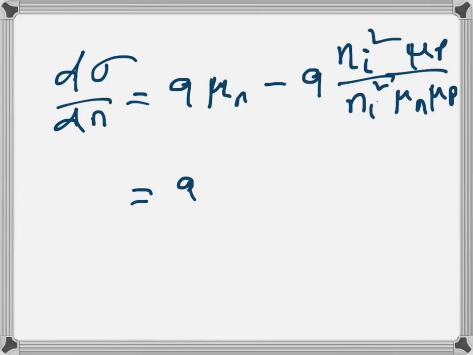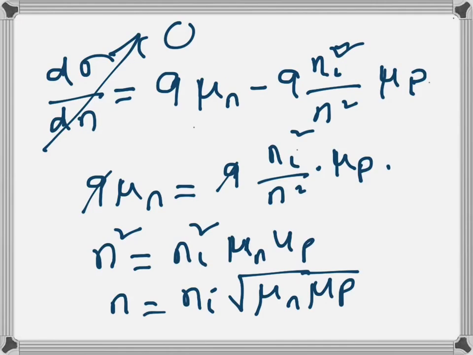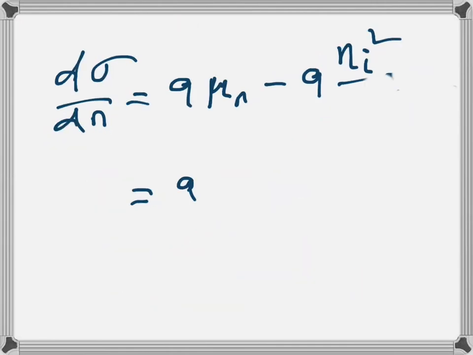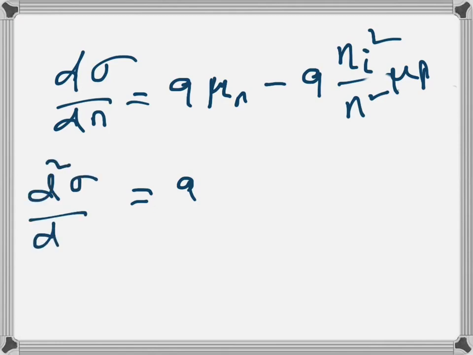I will just find the second derivative, which is what I wanted to do here. This is the first derivative, and I will find the second derivative and then plug in the value.